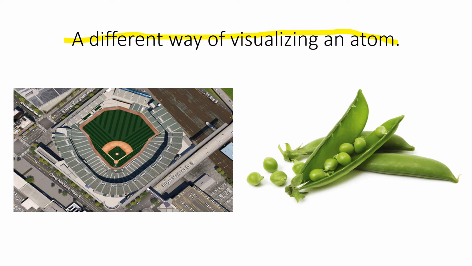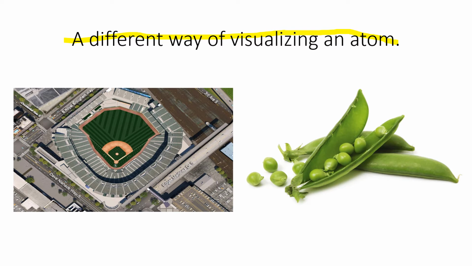The nucleus is very, very small in volume compared to what the rest of the atom is. It takes up only a very, very minuscule amount of the volume of the atom. This gets you much closer to the actual proportions of what an atom looks like. The nucleus is incredibly tiny in terms of that volume.